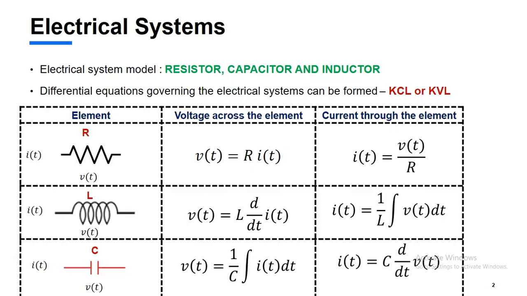The differential equations governing this electrical system can be formed by writing Kirchhoff's current law by choosing various nodes in the circuit, or we can use KVL by choosing various closed paths in the network, and we have to take the transfer function. How to take the transfer function of this network? We know that it is the Laplace transform of output by Laplace transform of input.